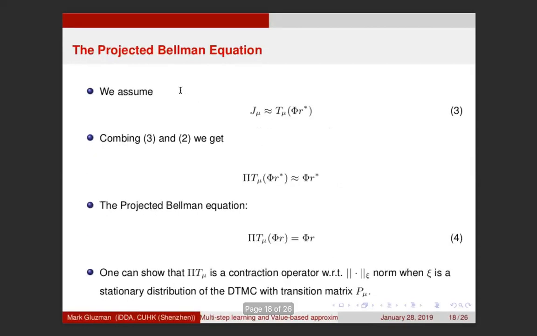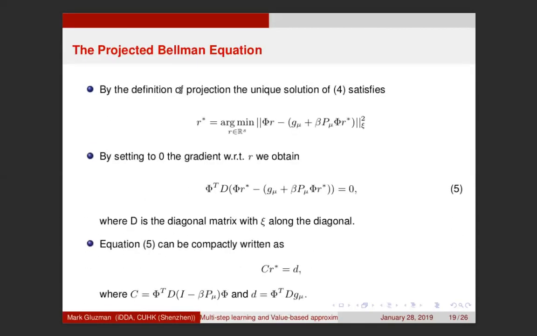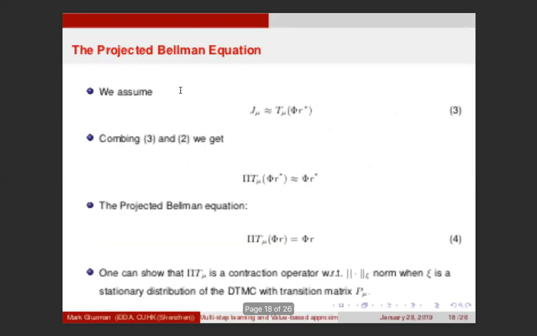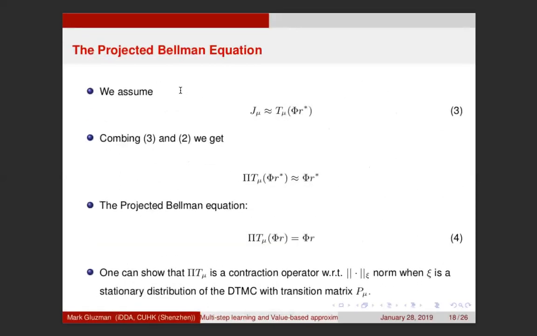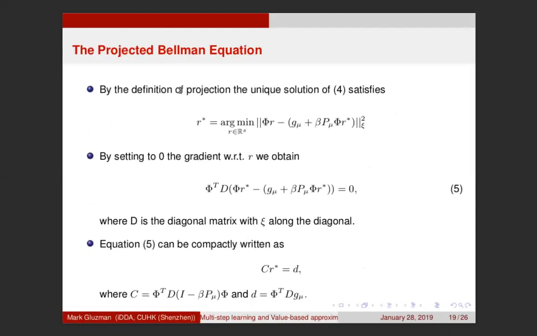So we can write equation 4 based on the definition of the projection in the following way. The first equation says that if we project T mu phi r, that is, minus G mu plus beta T mu phi r star, then r star is the best, so our projection phi r star is the best.